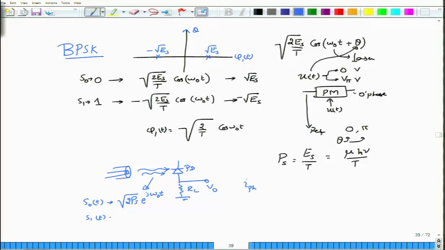For the symbol S1, the electric field will be minus square root of 2 PS e power j omega 0 t, right? And what would be the photocurrent when you transmit bit 0? The photocurrent will be R, where R is the responsivity, times the power, and power is basically S0 of t magnitude square. Therefore, this is equal to 2 R PS.